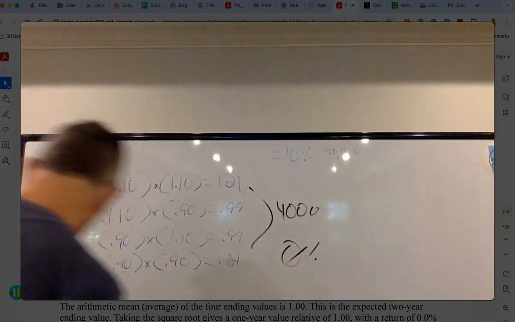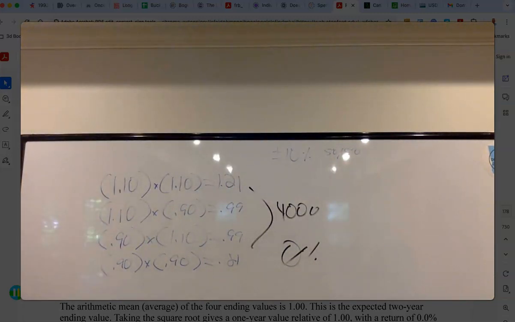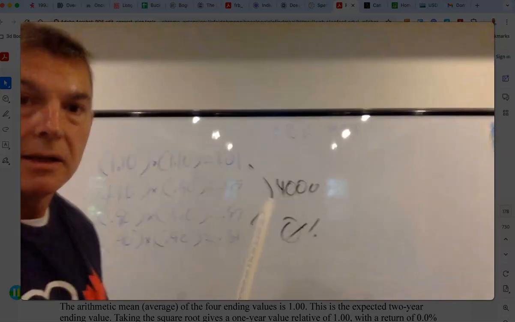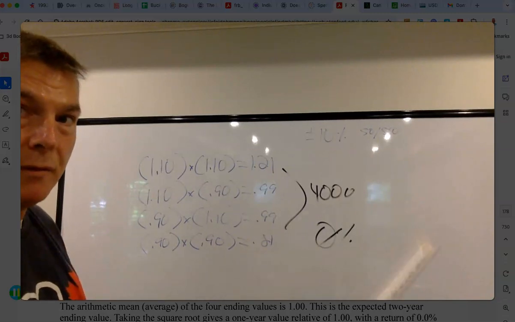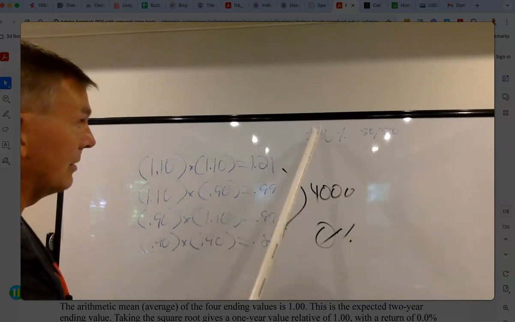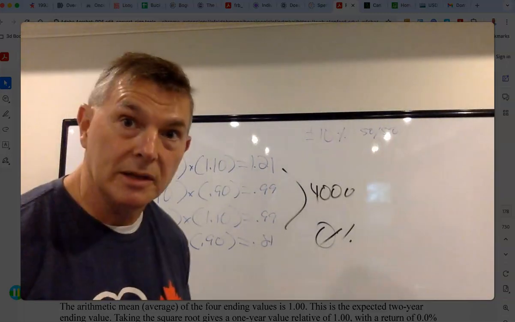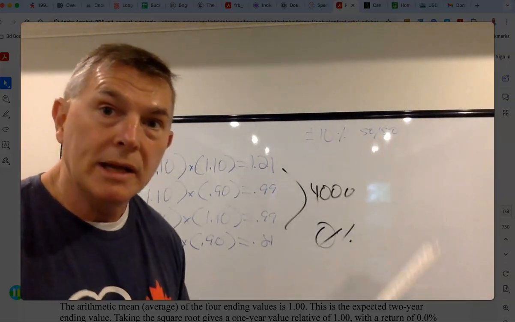However, if we have 4 different investors, 3 of them lost money. You see that? Only 1 made money. So if you had 4 investors in this portfolio, which had a positive or negative 10%, only 1 would make money.